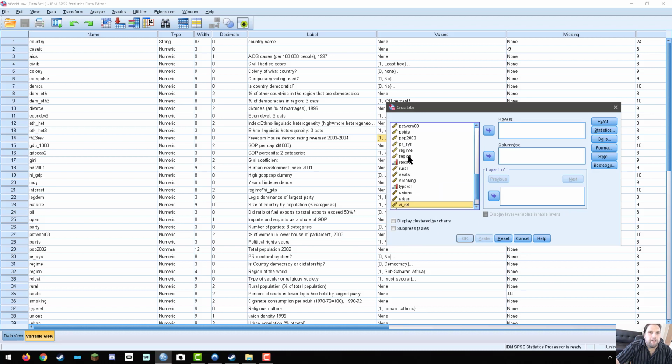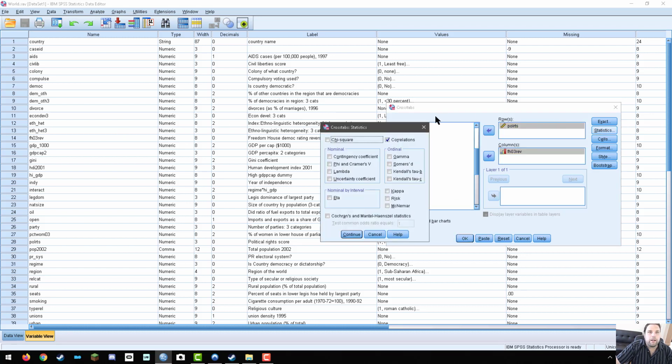All right, so we have political rights, which is what we are trying to determine is affected by the percentage of the population that is democratic, which is the Freedom House rating, FH03. Okay, we're going to click on statistics. I'm going to run the correlation just so we can get Spearman's rho. I'm also going to run Kendall's Tau B and C, depending on the way that the matrix looks for our data.